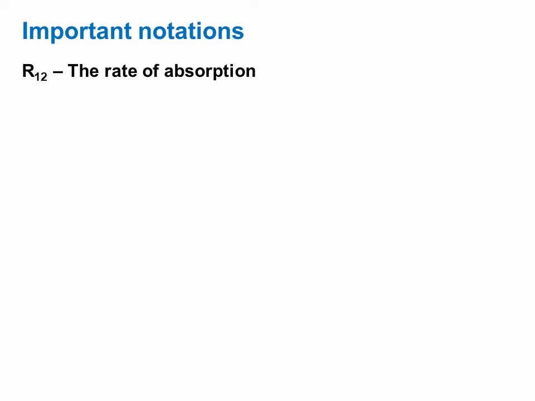The 12 in the suffix refers to energy level 1 and energy level 2. So, the transition takes place from energy level 1 to 2. So, that is absorption. The 12 refers to absorption, R means rate.